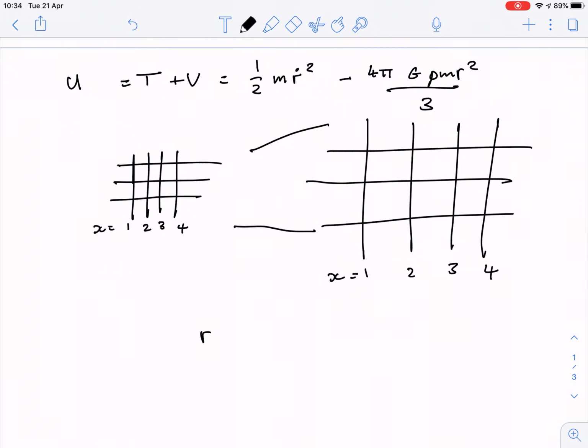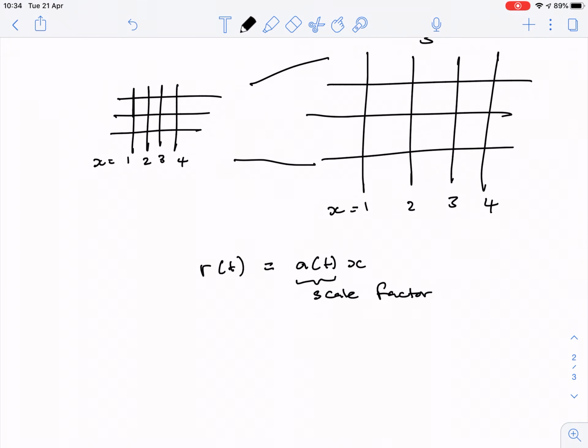So my r as a function of t is going to equal a as a function of t times x. And a here is, of course, the scale factor, and x is essentially the scale, the fixed thing.